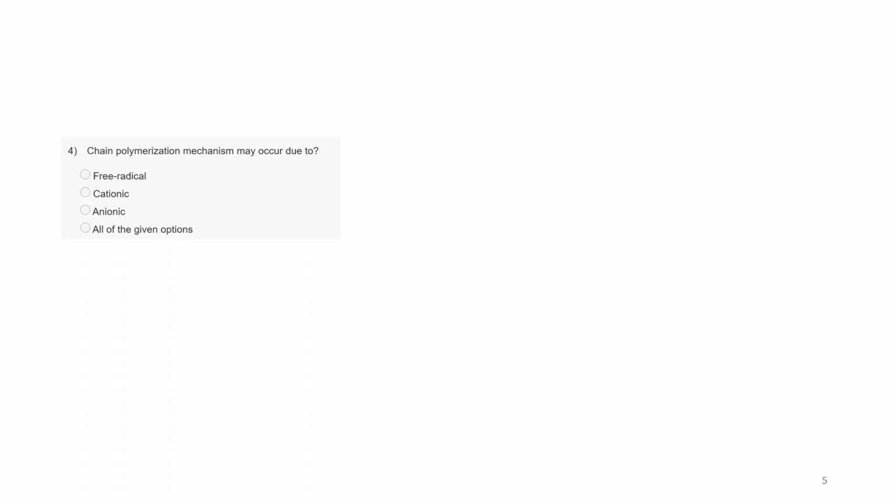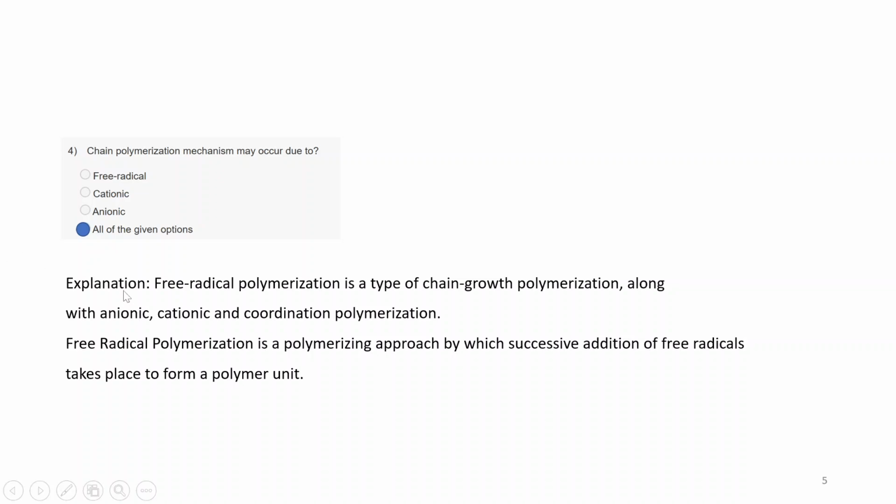Next question is, chain polymerization mechanisms may occur due to. Your options are free radical, cationic, anionic, or all of the given options. In case of chain polymerization, all three are the mechanisms which can be used. So all of the given options will be the correct answer here.